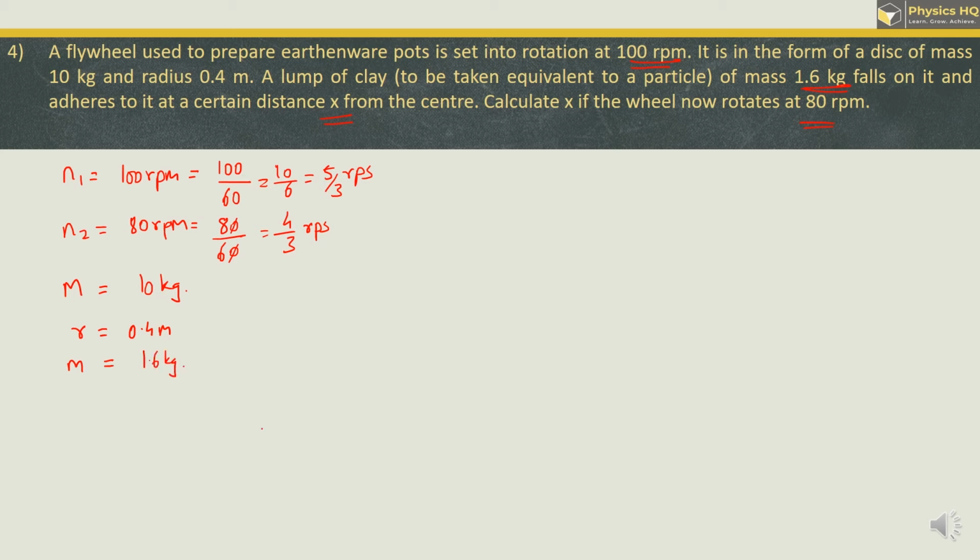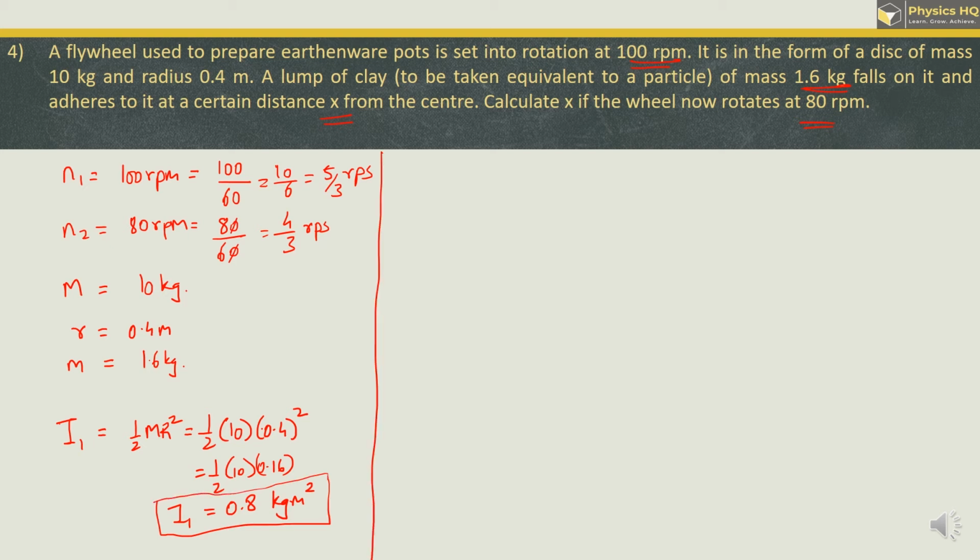So initially the moment of inertia was half mr², since the object is in the form of a disc, which is equal to half into 10 into 0.4 squared. 0.4 squared will be 0.16, divided by 2 will be 0.08, into 10 will be 0.8 kg meter square. So this is the initial moment of inertia.